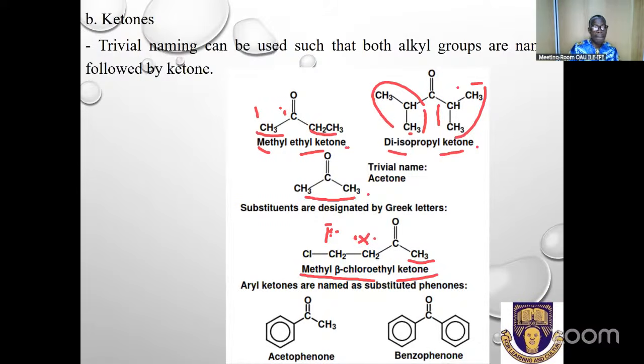Okay, now let's look at the aromatic ketones here. We have two of them. They are called aryl ketones, and they are named as substituted phenones. This group is called aceto, so the name for this first one is acetophenone.